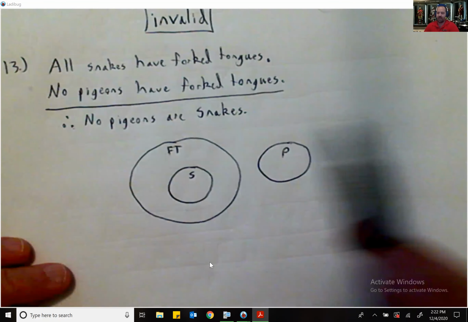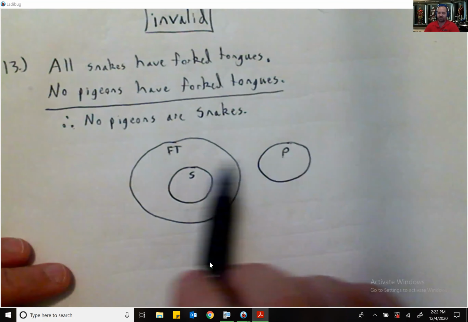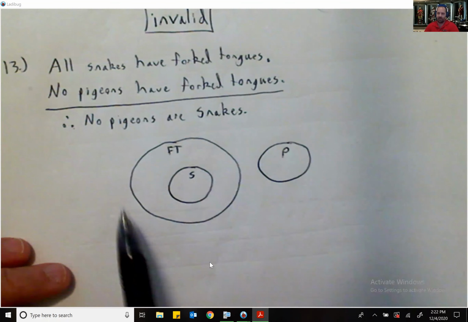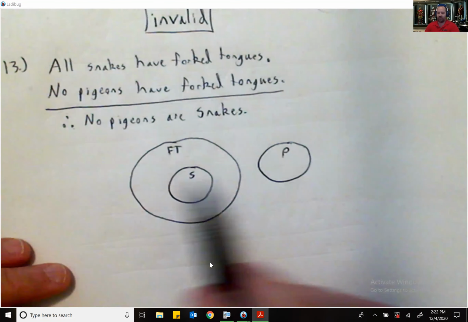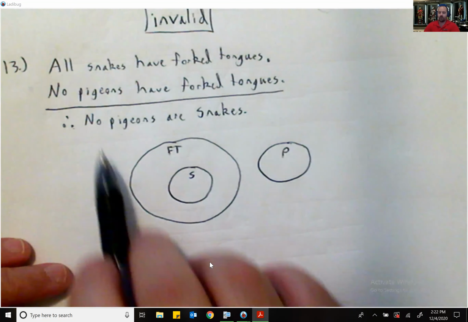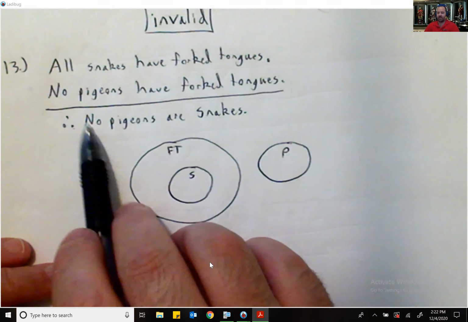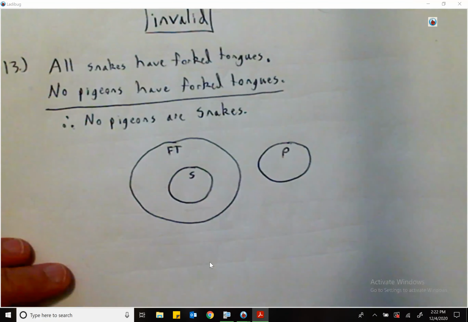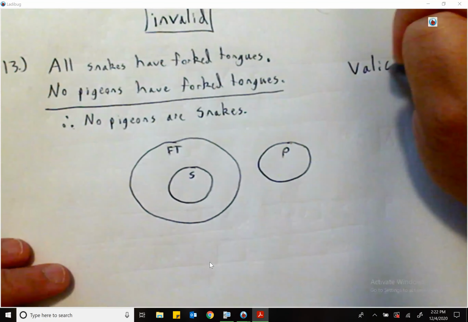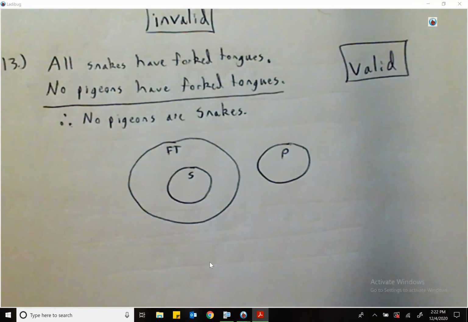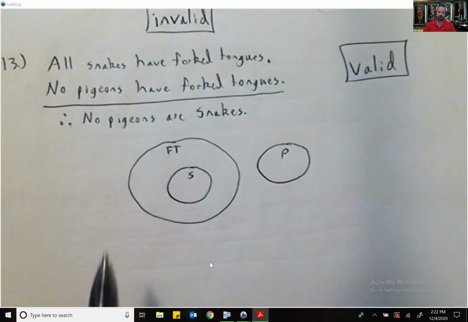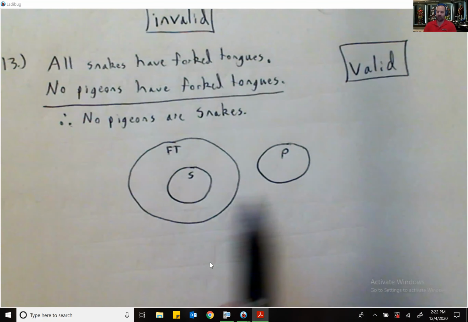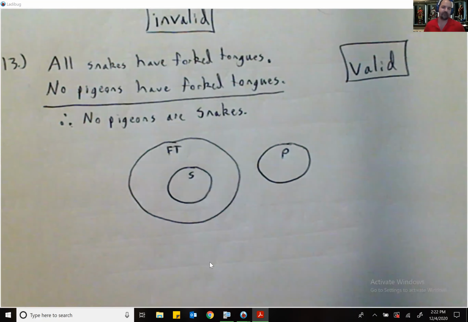Any other way? No. So based off of this picture, is this true? No pigeons are snakes. Yes. So this is valid. Done. Now, if there were other pictures, I would have to verify that this is true for them as well. The moment we have a picture where this is not true, it's invalid. And there you go. That's number 13.